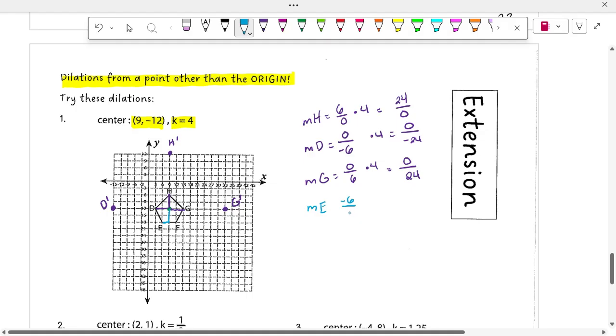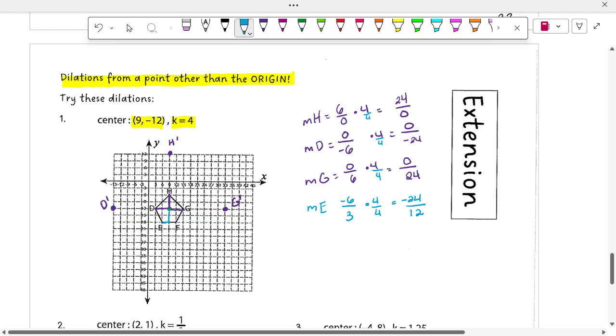So over 1 is actually over 3. I'm going to multiply the top and the bottom by 4. That's technically what I've been doing the whole time. So my new rise over run is down 24 over 12.